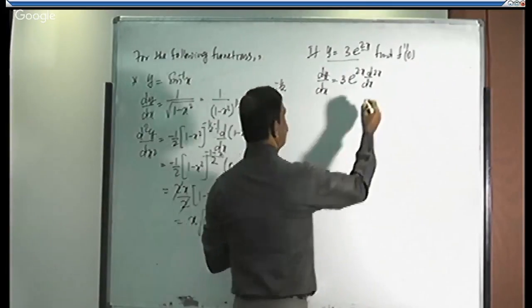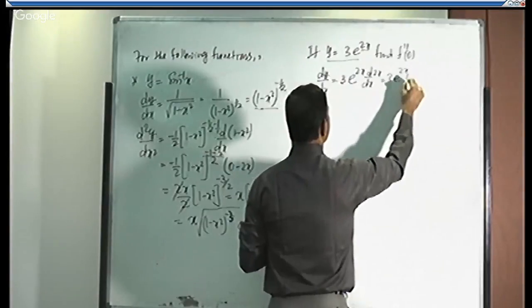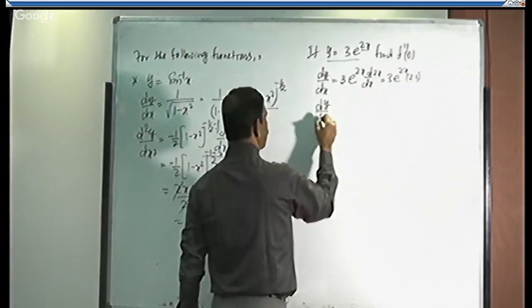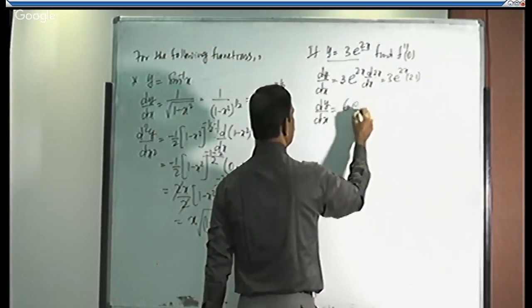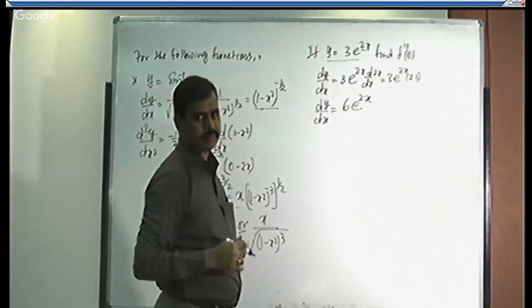Right? It is equal to 3 into e to the power of 2x. Differentiation of 2x is 2 into 1. So dy by dx is equal to 3 into 2, 6, e to the power of 2x.